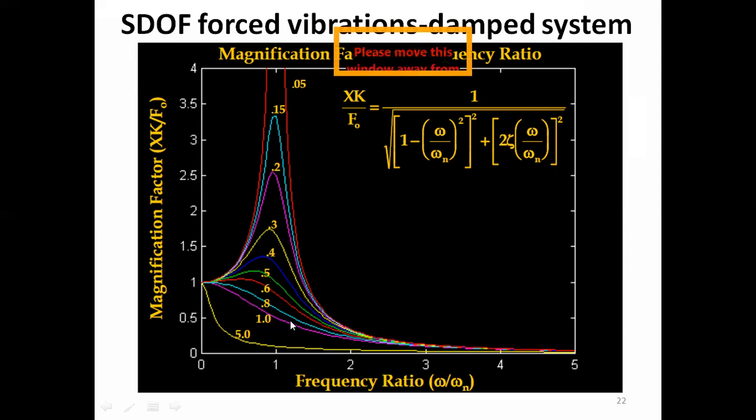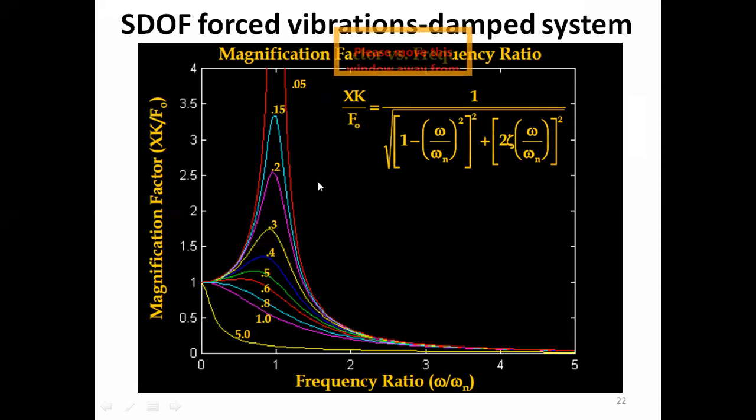So it is for a critically damped system. And here you see that zeta is more than 1. So this is for the overdamped system. We have plotted the response of underdamped systems, which range from 0.8 to 0.05. You could also see the response of the critically damped system and the overdamped system.